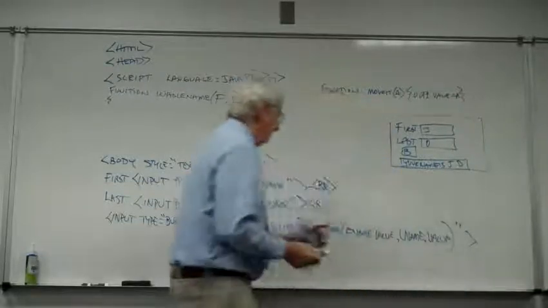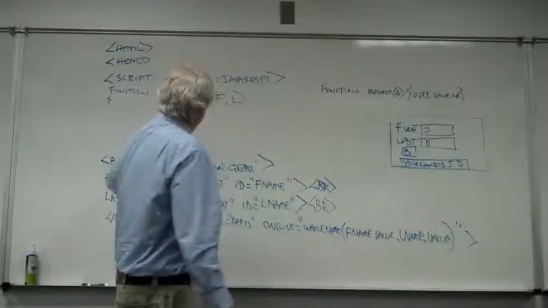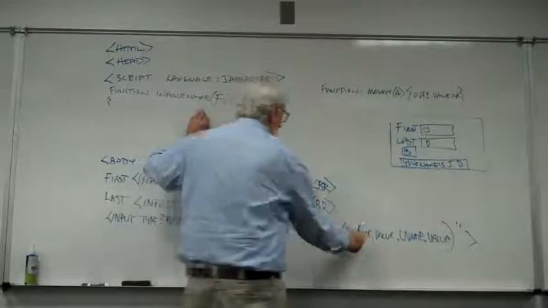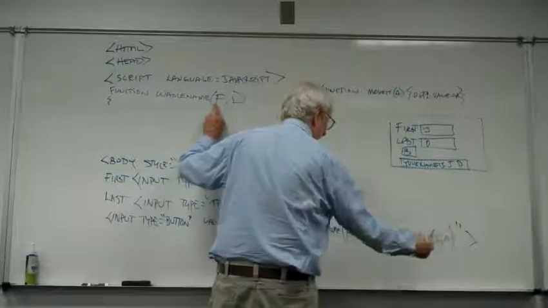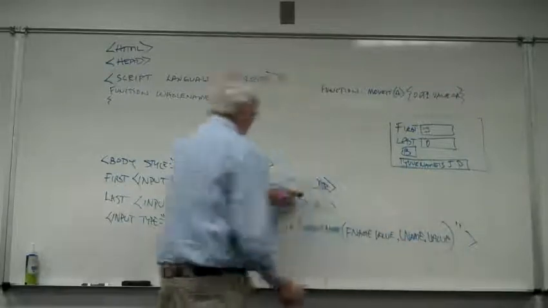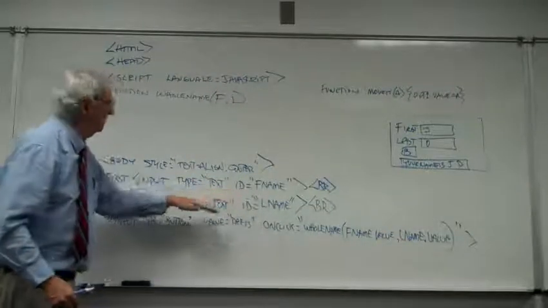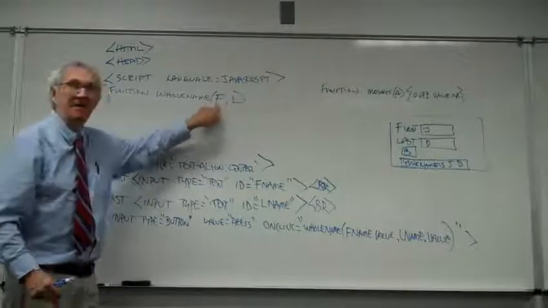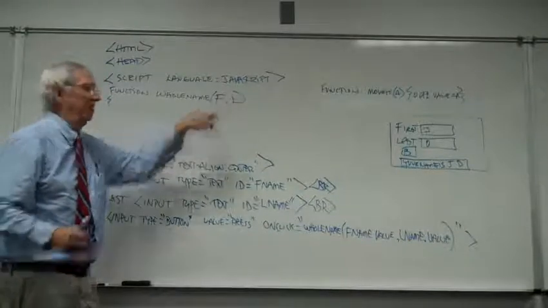Here we are. So I go to that function, and I send fname.value, which goes to here, and lname.value, which goes to here. So whatever they type, the first name and the last name, will end up here in F and L. Does that make sense to you? That's what they're going to be.